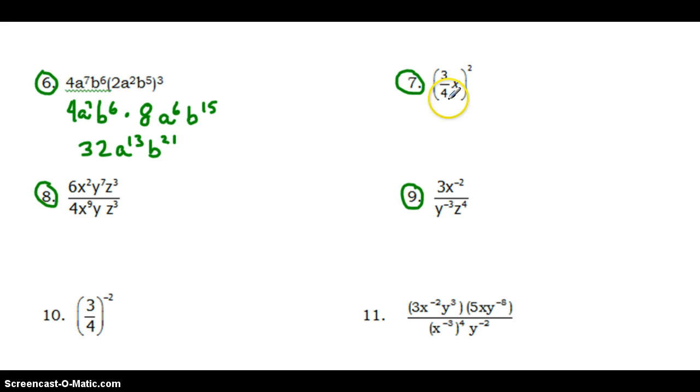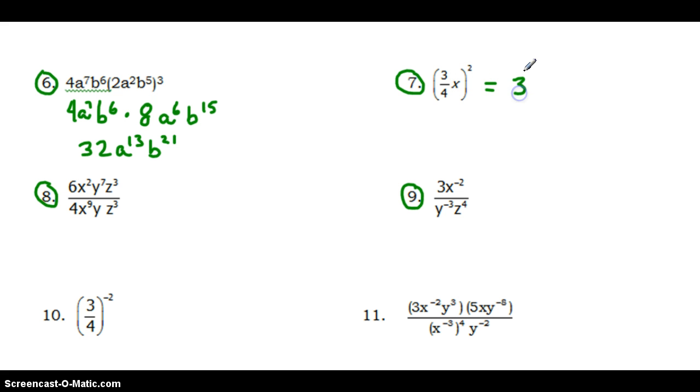Okay, so one rule that wasn't listed there but we talked about was how each item will be to this power. So if you have a fraction, both parts of the fraction are going to be to the power. So here the entire fraction, both the numerator and the denominator, is going to be to the second power, plus the variable to the second power. So one way you can look at number 7 is first just distribute the power.